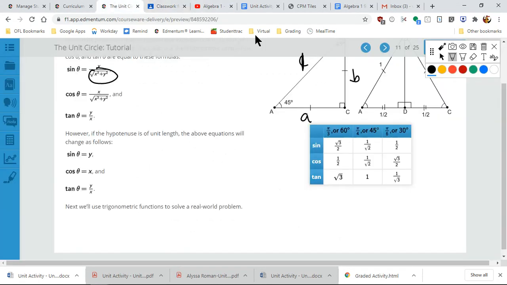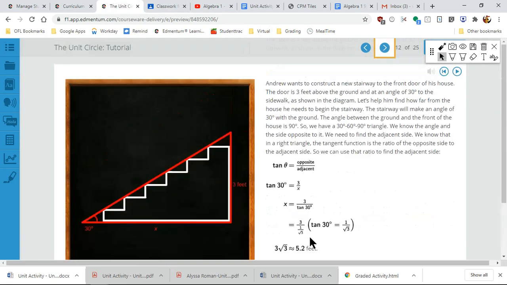All right, let's get going. Moving on to slide 12. Trig is used whenever we have an angle and another side, but we need to find the missing side. So this is going to be just a matter of understanding what sides we need.